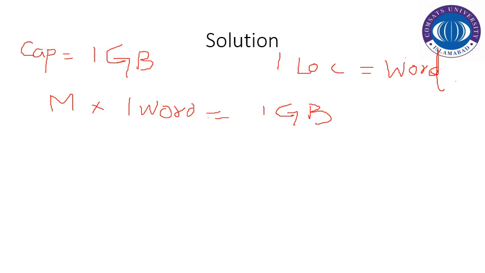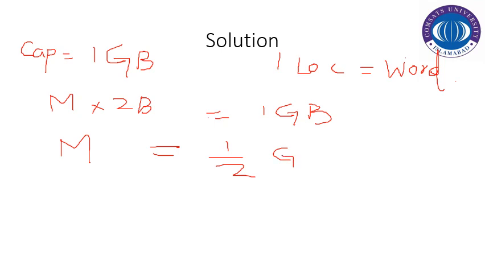So I'm replacing this one word with 2 bytes here. So here we can say that m equals 1 by 2 giga. Byte will be cancelled with the unit byte here. So the number of locations are halved in this particular case.